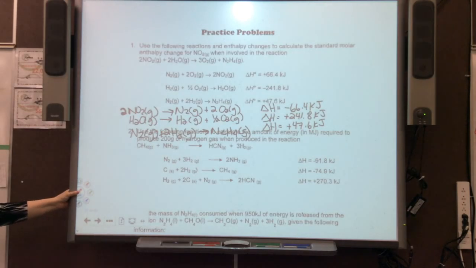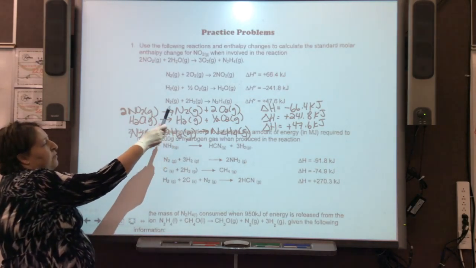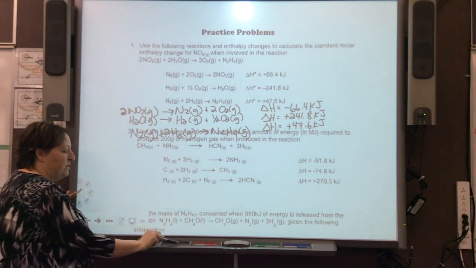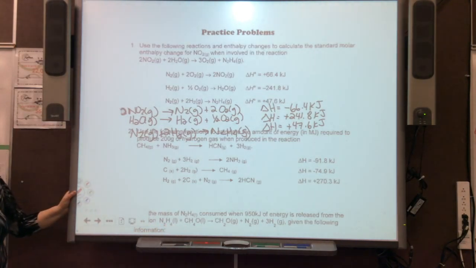Now we need to balance this out. What do we see happening? We have 2 hydrogens here and only 1 hydrogen here. We also only have 1 water here and we need 2. So what do we do to this reaction? Multiply it by 2.